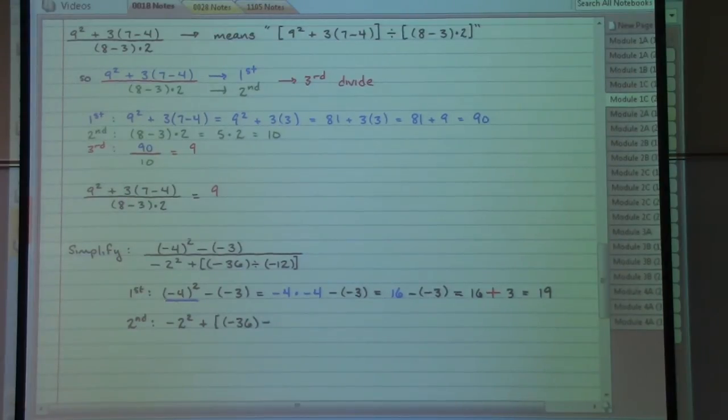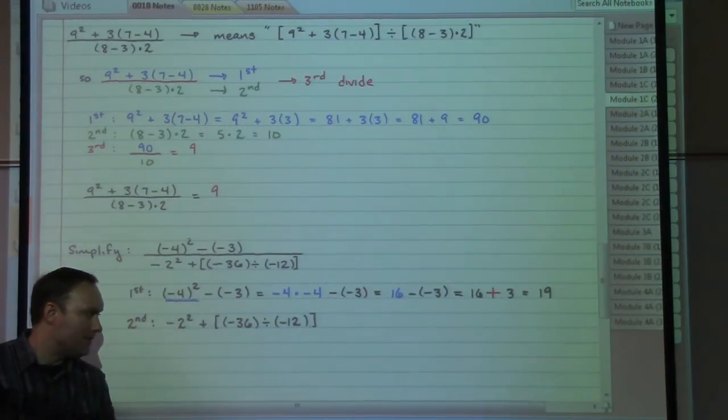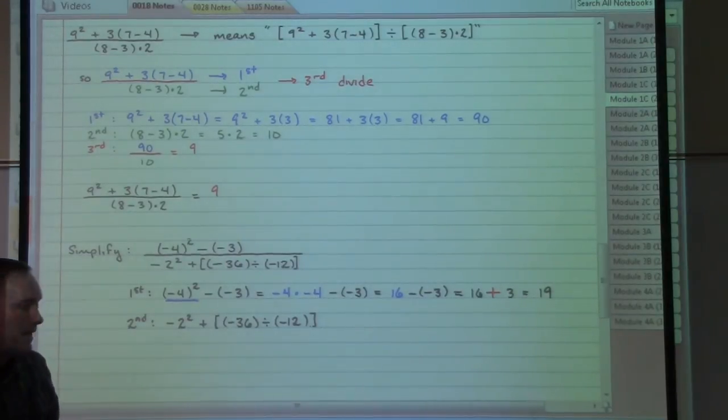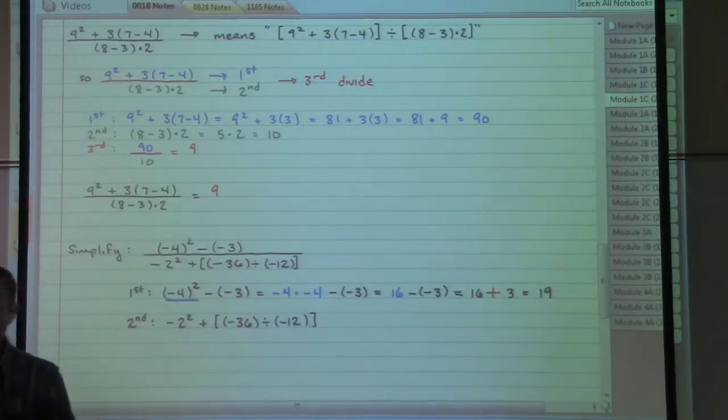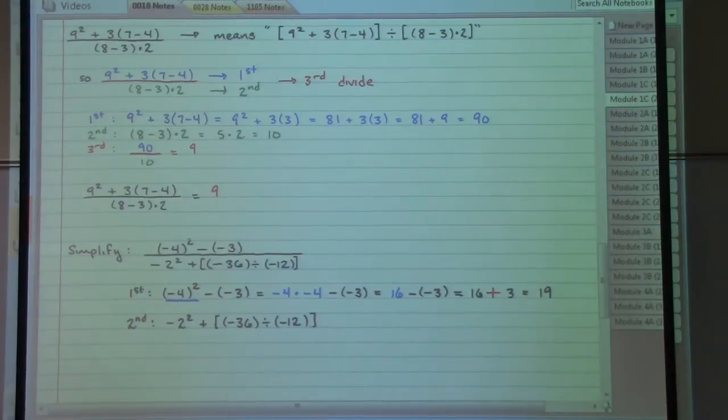So if we go ahead and copy this down and look only at this and read this to ourselves, -2, power of 2, plus bracket, parentheses, -36, parentheses, divided by, parentheses, -12, parentheses, bracket. Well, the brackets are trapping things. The parentheses, however, are not. So the first thing that we would really need to worry about is literally what is inside those brackets.